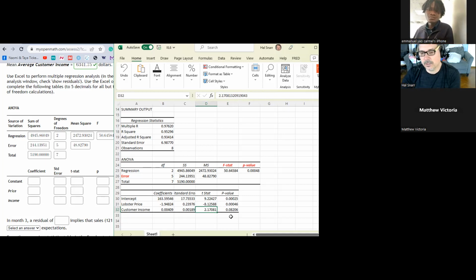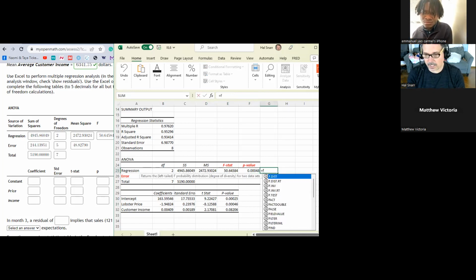So these are two-tailed probability values. This is the one-tail probability, just the probability of being greater than that number. I can show you right here how that works.